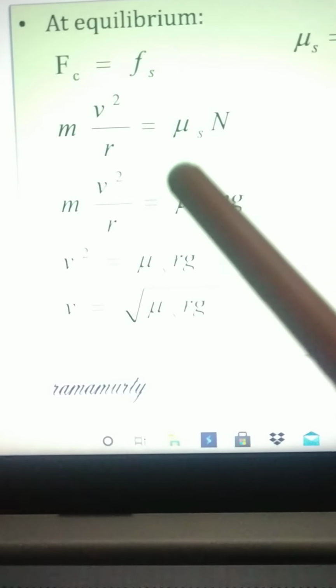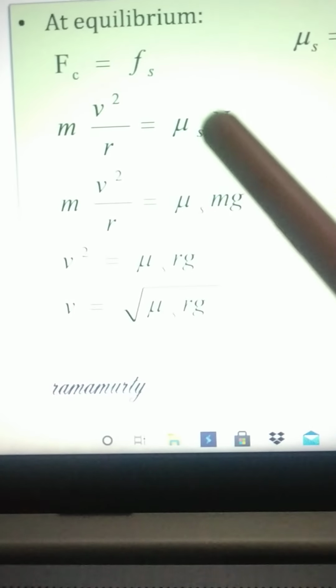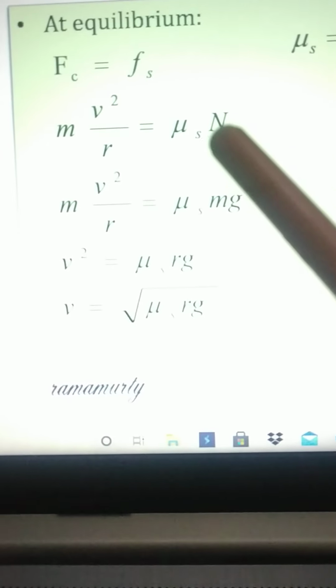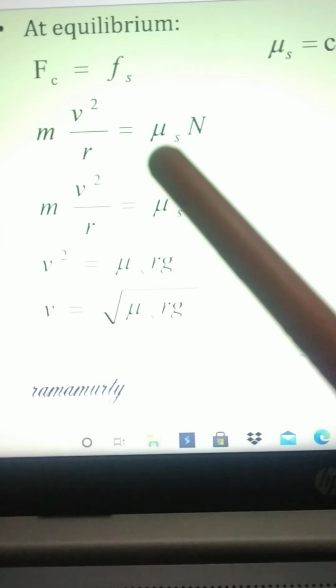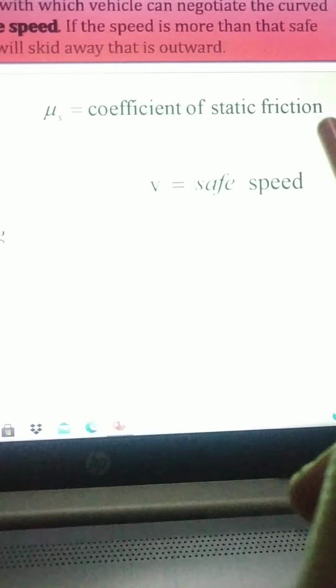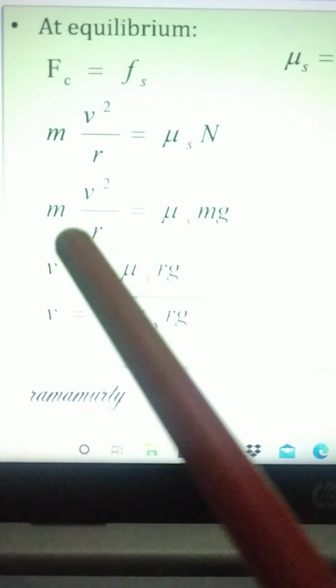The formula for centripetal force is mv squared upon r, and the formula for frictional force Fs is mu s N. N is the normal reaction between the road and the tire of the car, and mu s is the coefficient of static friction. So mv squared upon r is exactly equal to mu s mg, because N is nothing but the normal reaction balancing the weight of the car.